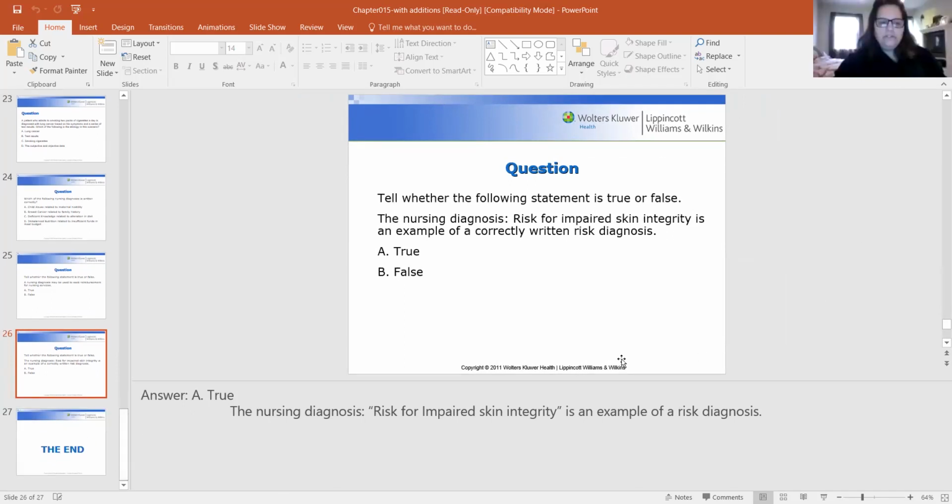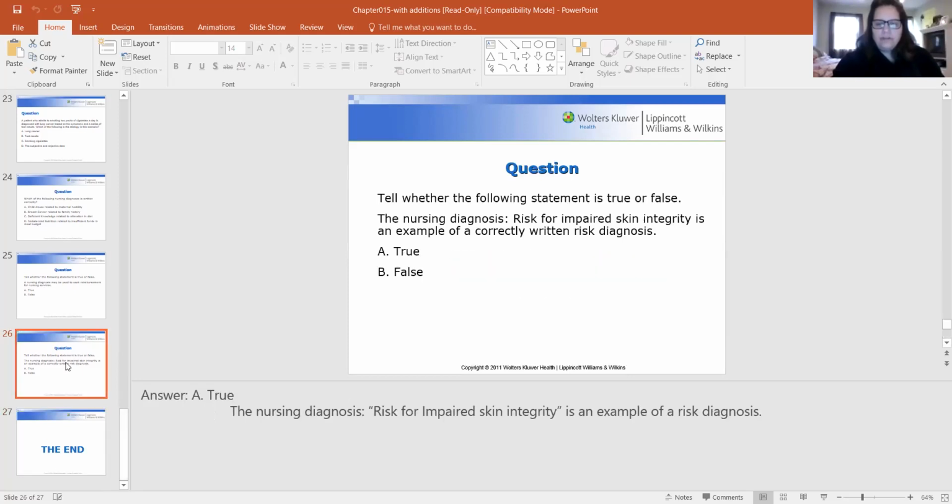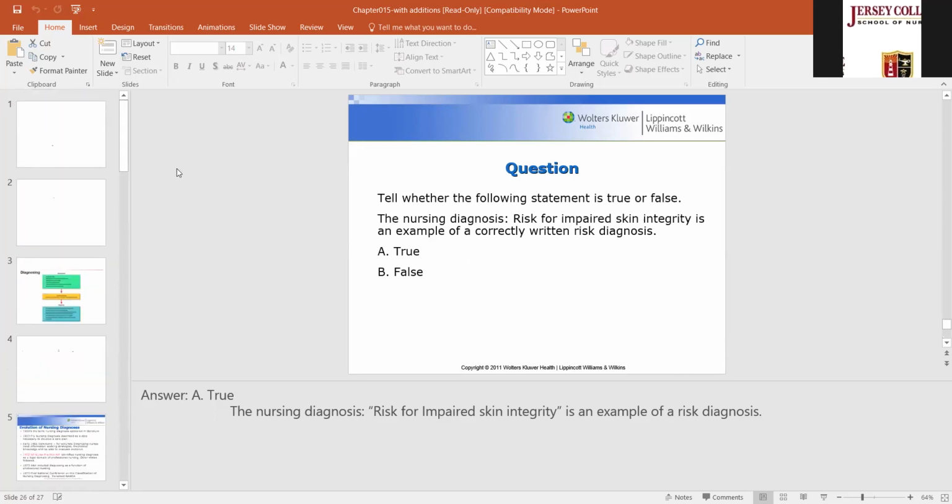So, Miss Sue, for the risk diagnosis, you wouldn't need something like risk for impaired skin integrity related to incontinence. Well, I guess you could use incontinence if it's not considered a medical diagnosis. You would use more like loss of bladder control or moisture next to the skin, those kinds of things.